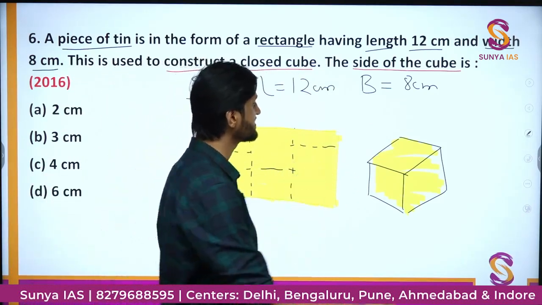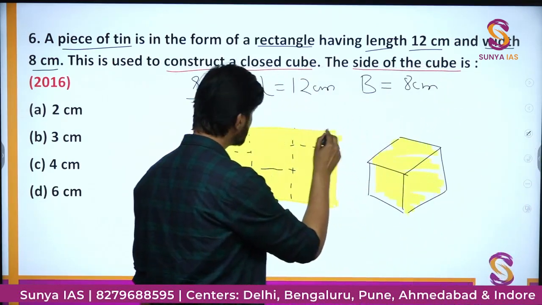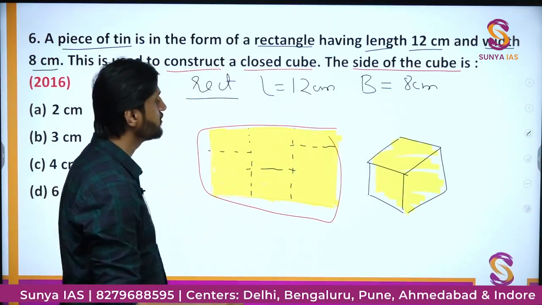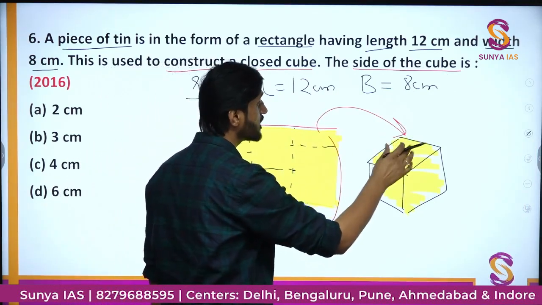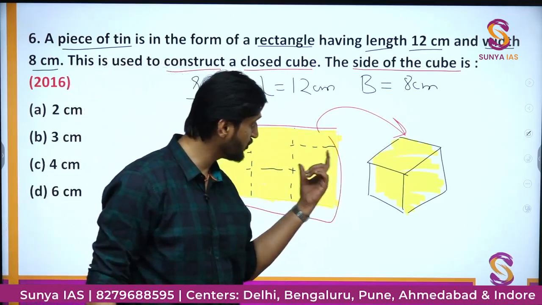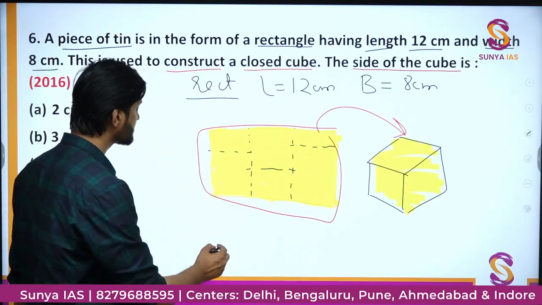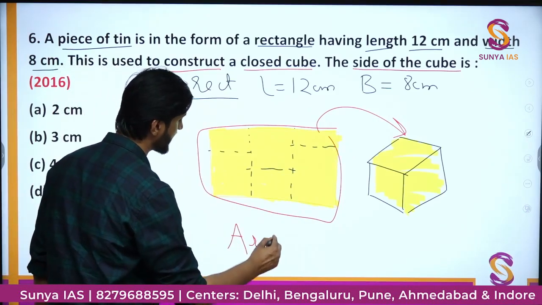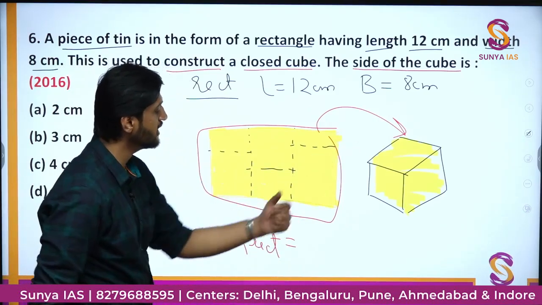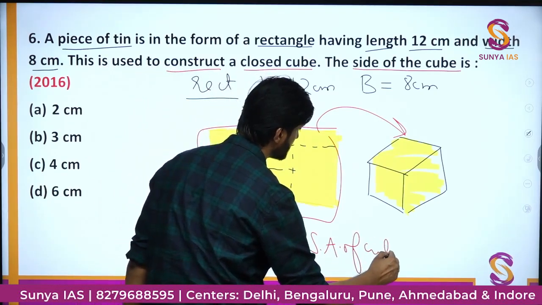So one can understand that the area of this particular rectangle would be totally equal to the overall surface area of the cube. Are you able to figure this process out? That is why I am drawing the diagram for you, so that you can understand that the area of this rectangle is nothing but equal to the surface area of the cube.